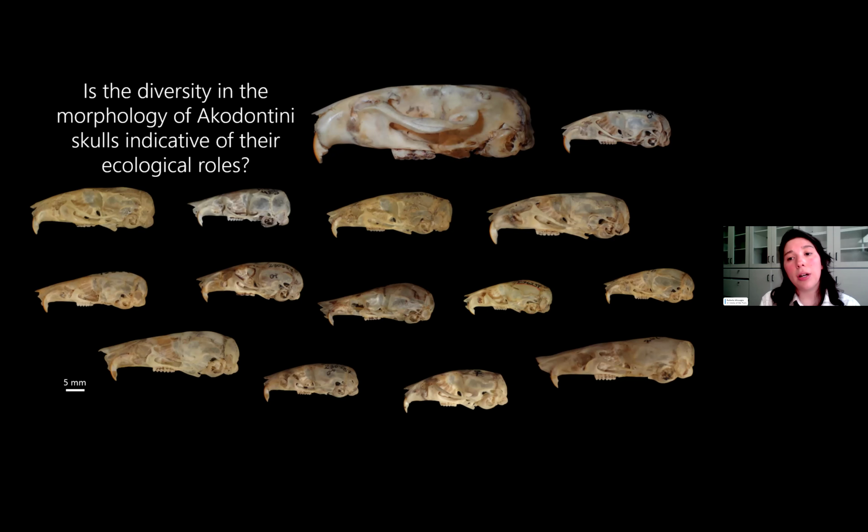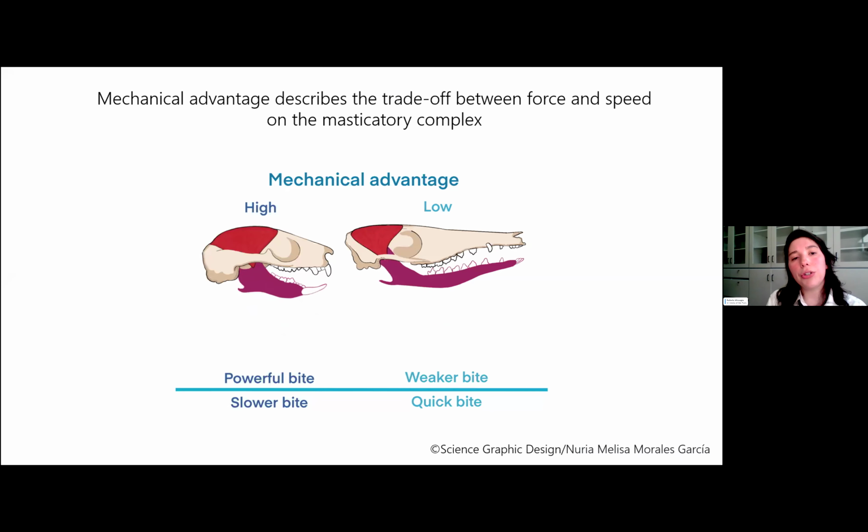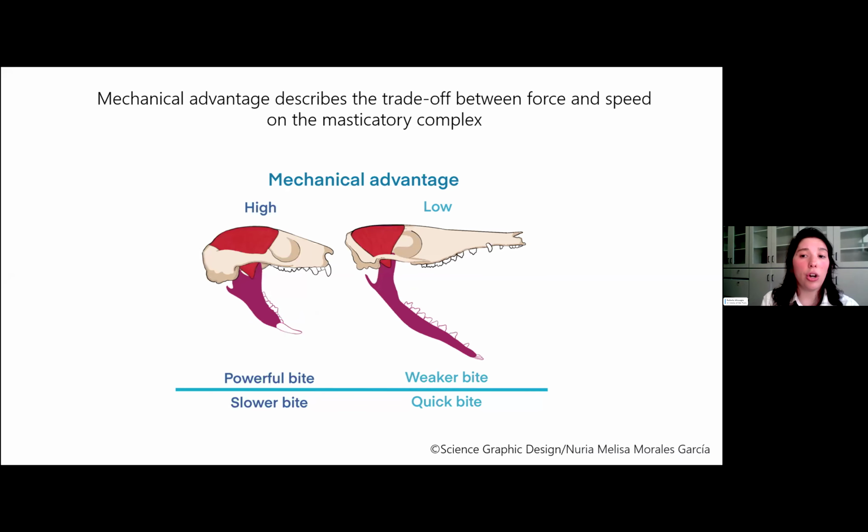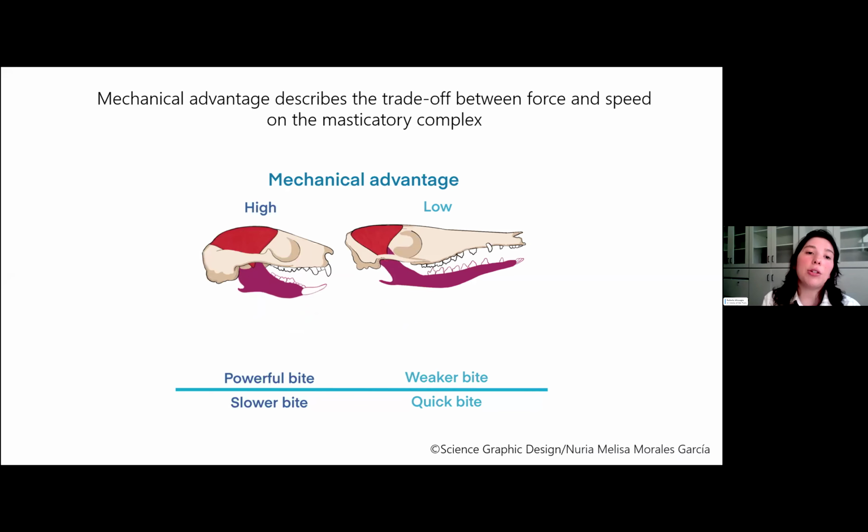I wanted to know if their diversity of skull morphologies could relate to their different diets, focusing on species that feed on other animals, or predatory species. In order to do this, we decided to explore the functional morphology of their jaw by quantifying the mechanical advantage of their masticatory muscles.